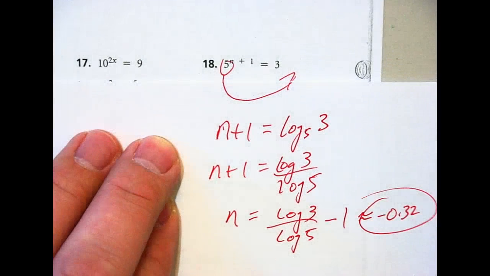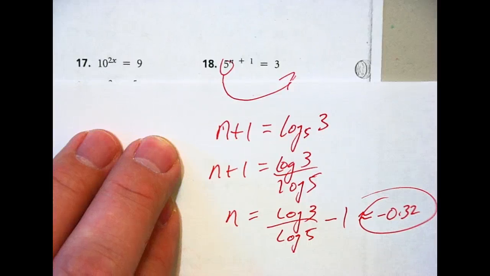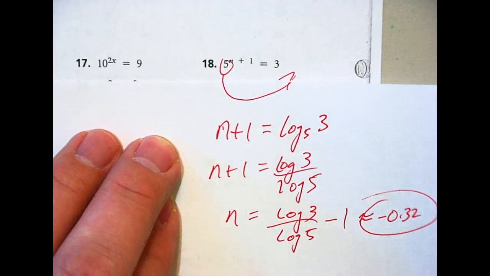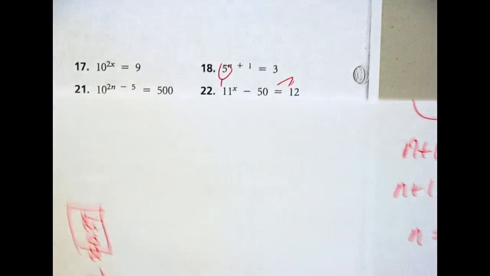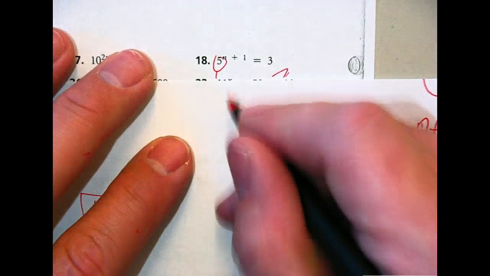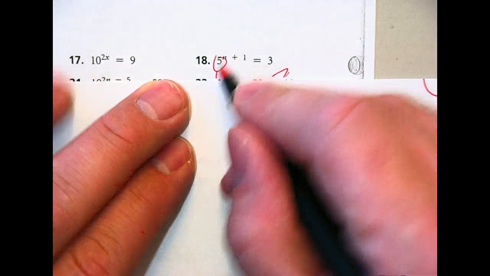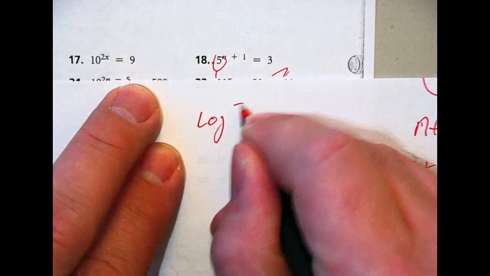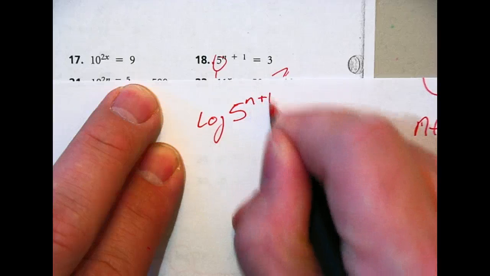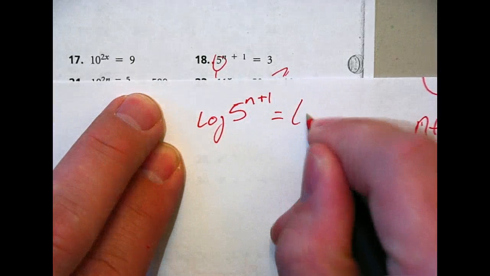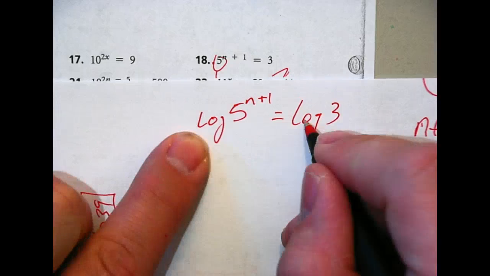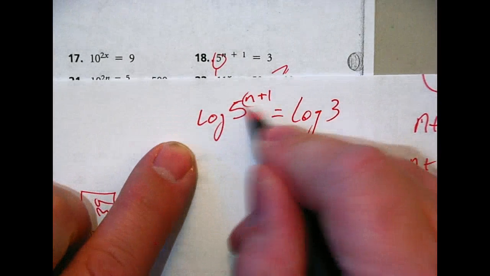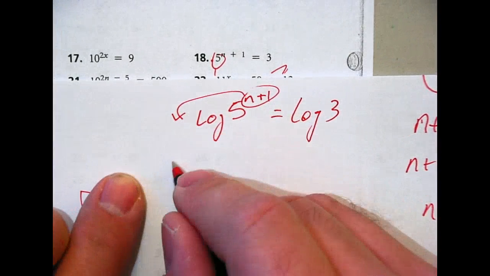That good? Okay, yeah, you guys, when I'm saying impose the log, the other way to solve this problem is you could actually impose it. You could make that say log of 5 to the n plus 1 equals log 3. So you're just putting the word log in front of each of them. And then use the product property to bring that out. So the other way of doing this would be like this here.